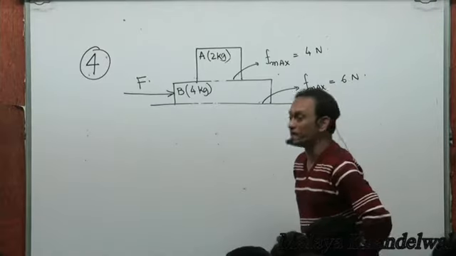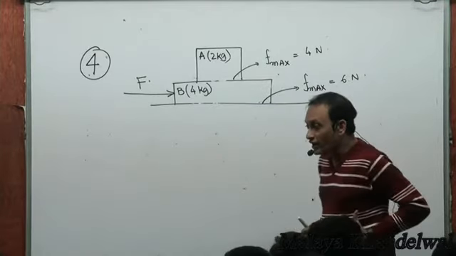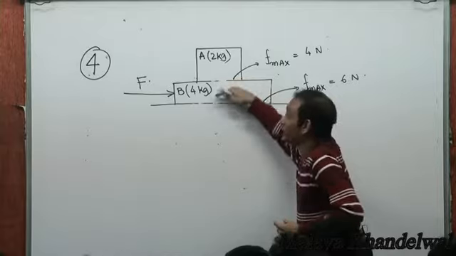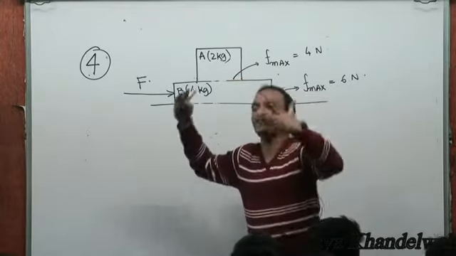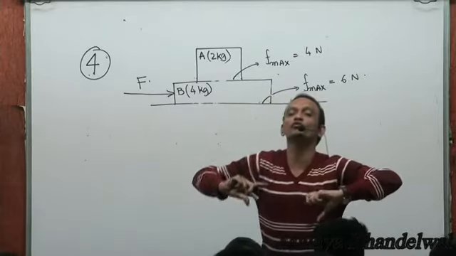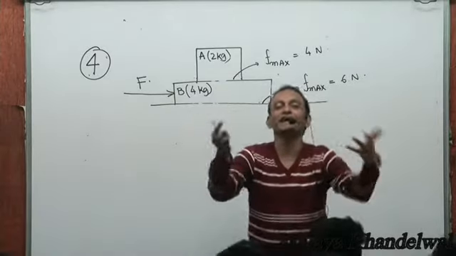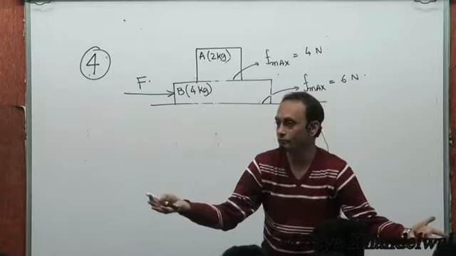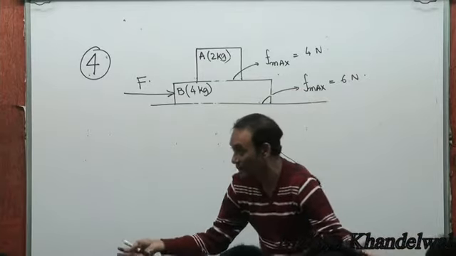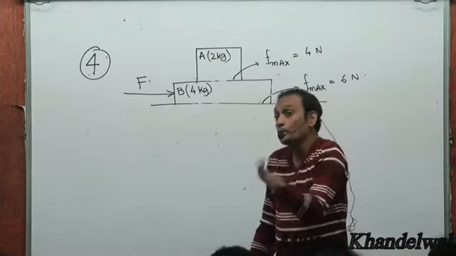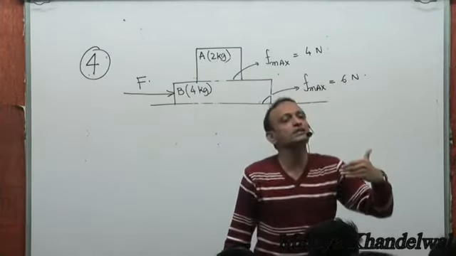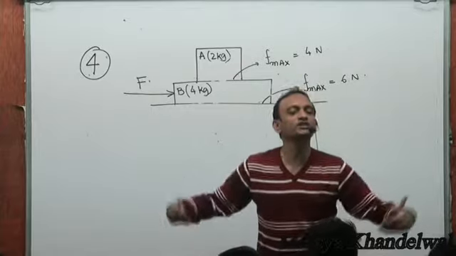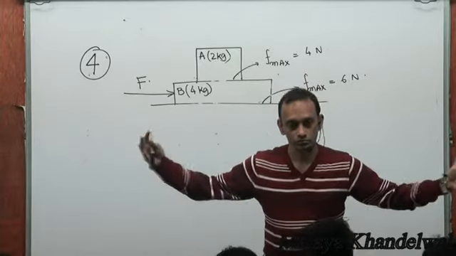A is dependent on B. Friction between B and A would get invoked only if B has a rightward acceleration. If B itself does not accelerate, there is no reason for B to invoke frictional force on A and unnecessarily cause mayhem. So it's not possible that B does not move when A moves. A will move only subsequent to B getting initiated into motion. You know what I'm saying?